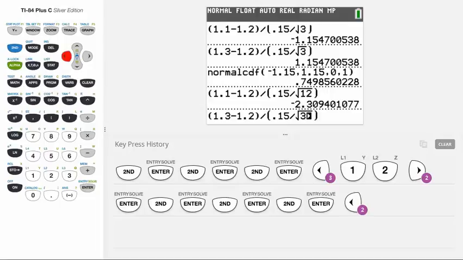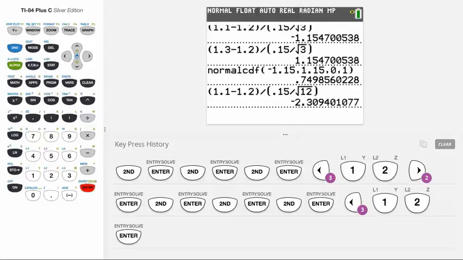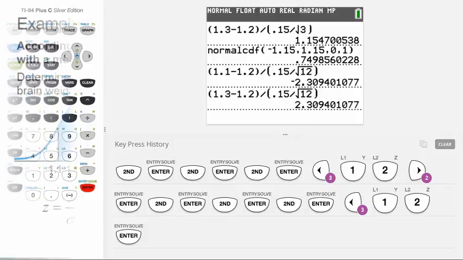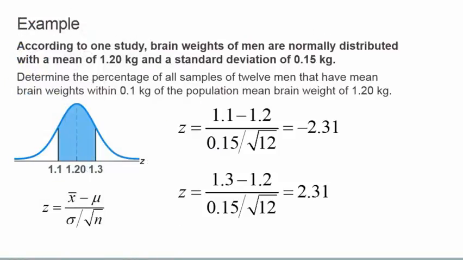Arrow over the 3, change that to 12. Enter, and we get 2.309. And rounding, I have a z-score of 2.31.